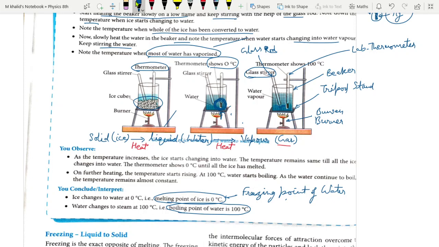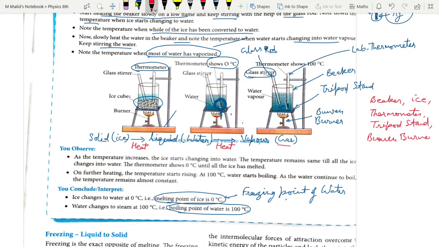Let us revise it. First of all, what we have to do, we have to get some equipment. That is a beaker, ice cubes, a laboratory thermometer, a tripod stand, a Bunsen burner.